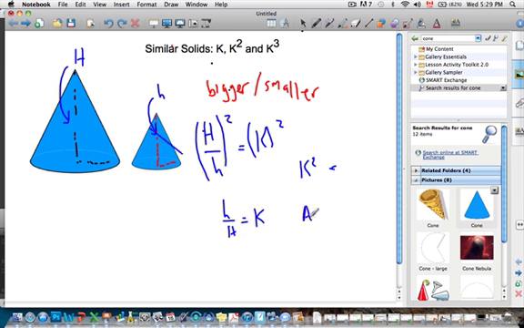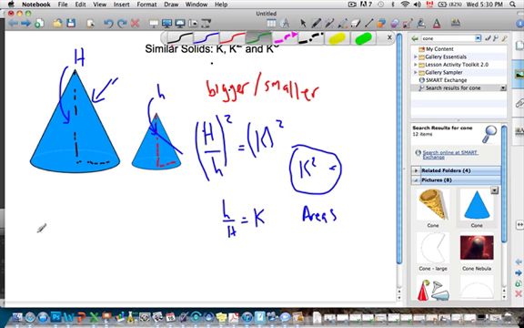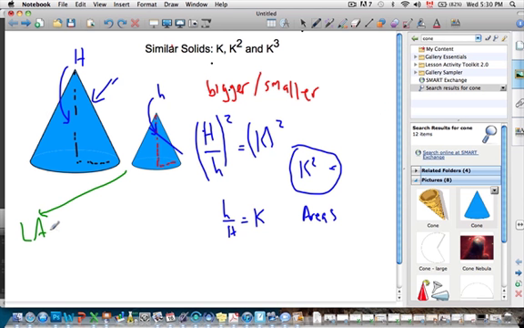So for all areas, surface area, lateral area, the lateral area of this guy multiplied by k squared is equal to the lateral area of this guy, because it's an area.